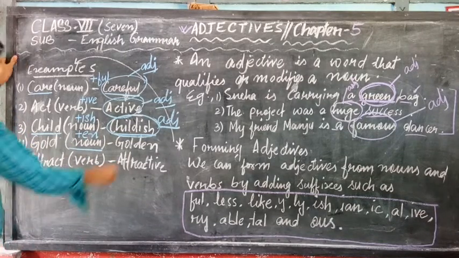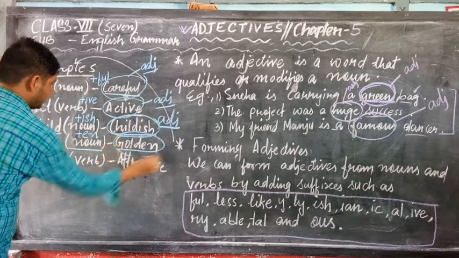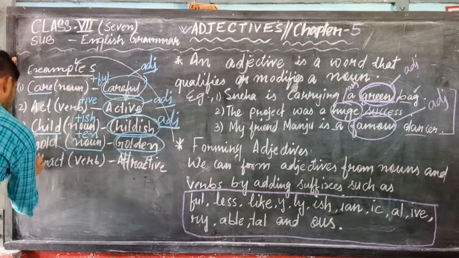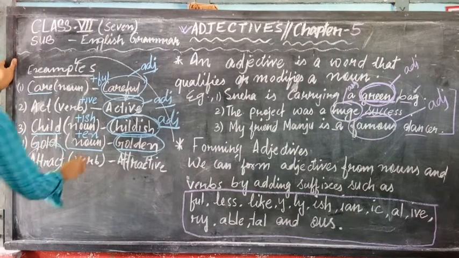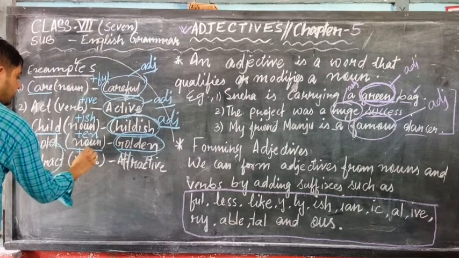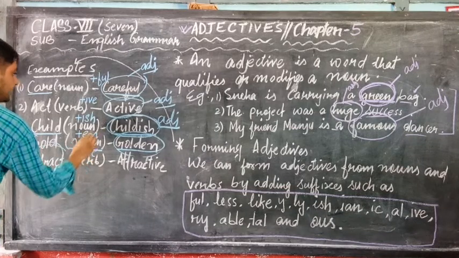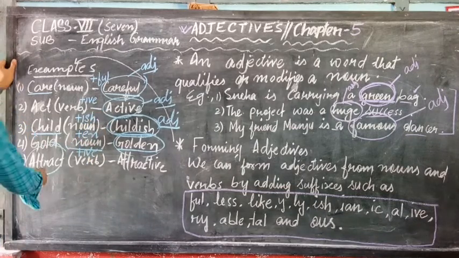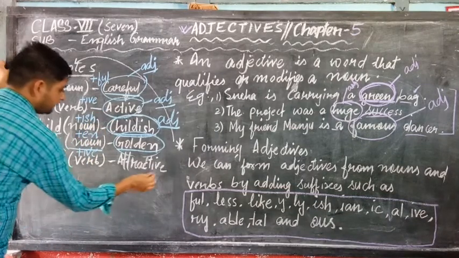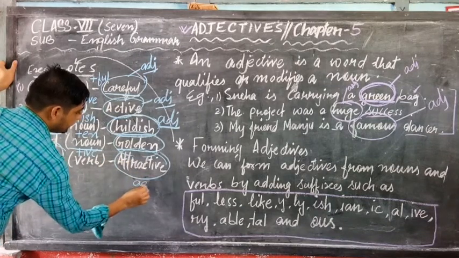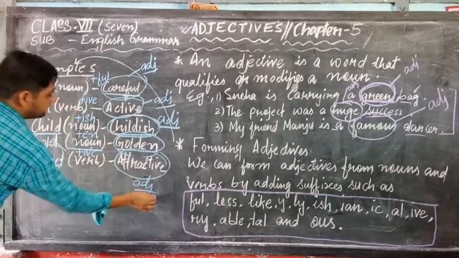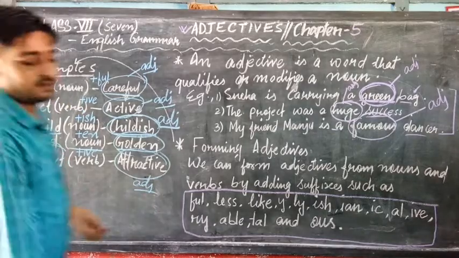Again, this is an adjective. One more, attract. This is a verb. We can add ive, just like in active, and attract becomes attractive. Again it is an adjective.